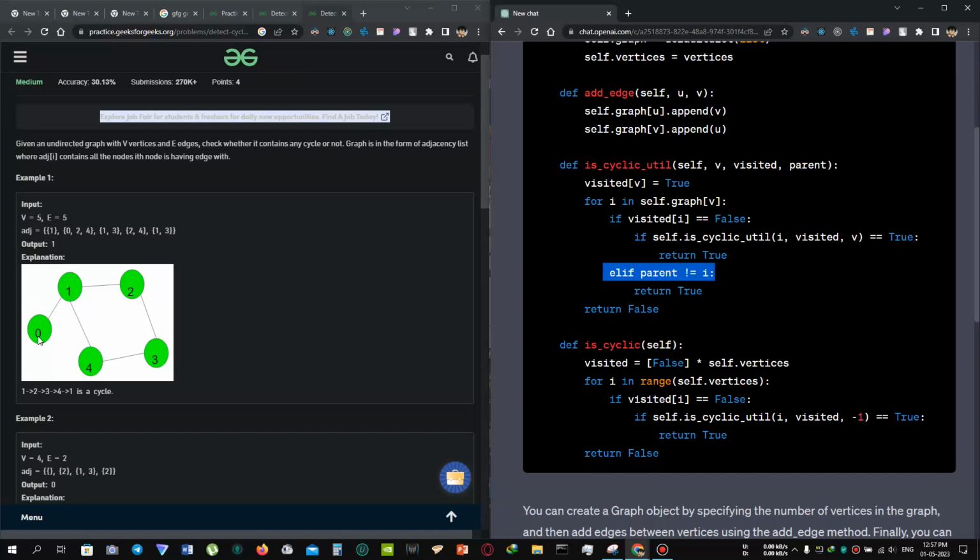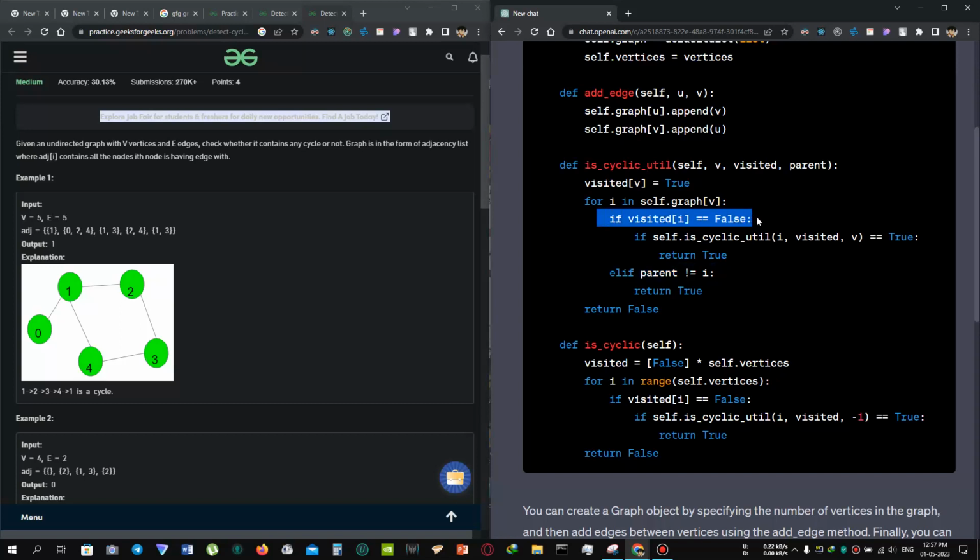So that is why we have added a statement that else if parent is not equal to I. Or it should have been written that I is not equal to parent, but both are the same. All right. So that condition should have been above, but all right.